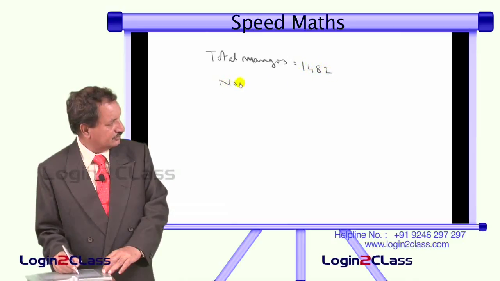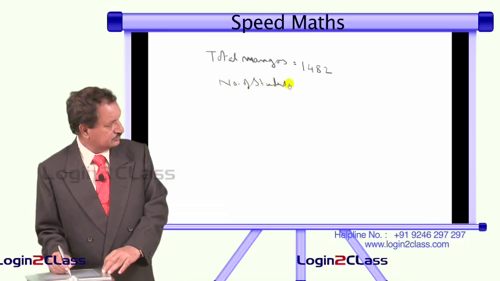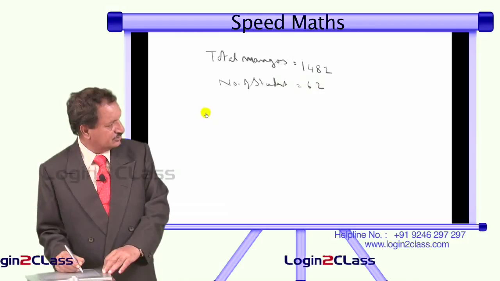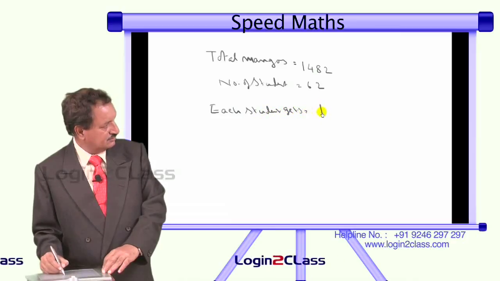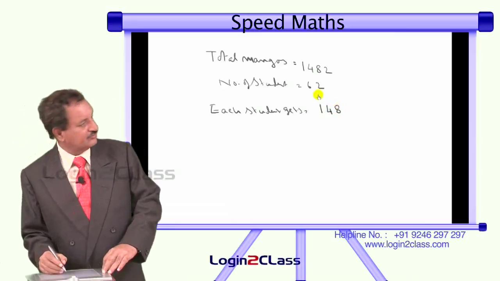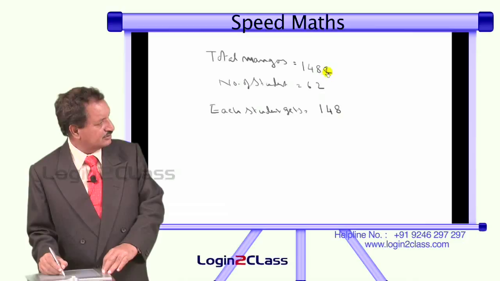Number of students 62. So, each student gets how much? 1488.